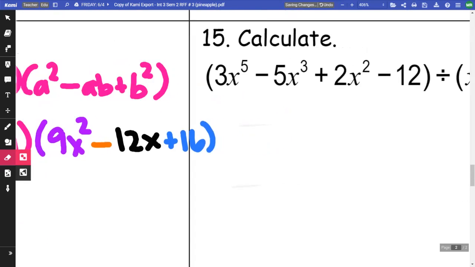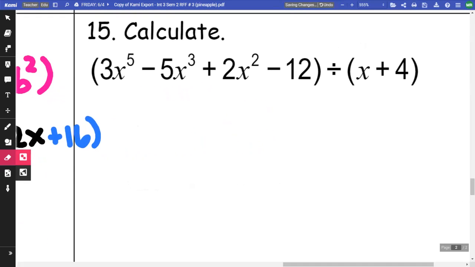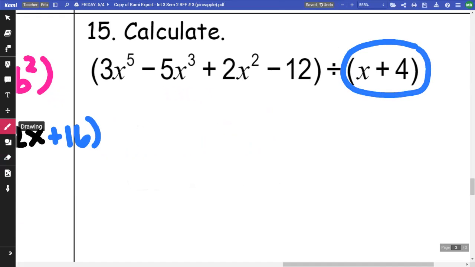On 15, we're going to calculate this. We're dividing. And so whatever makes this 0, I'm going to use synthetic division, put it in the box right here, -4. And then I'm going to look at my coefficients, and I'm going to make sure that I put them in descending order.